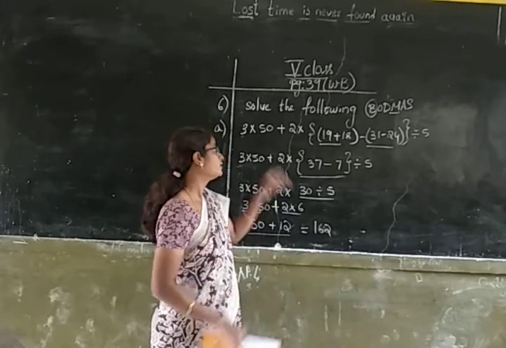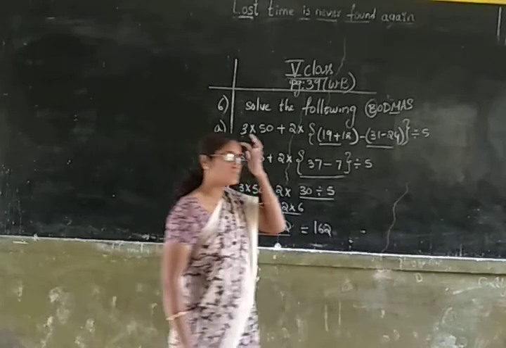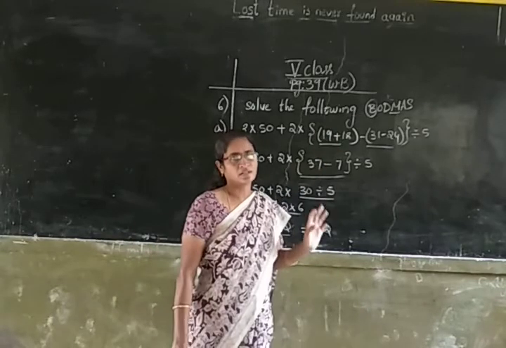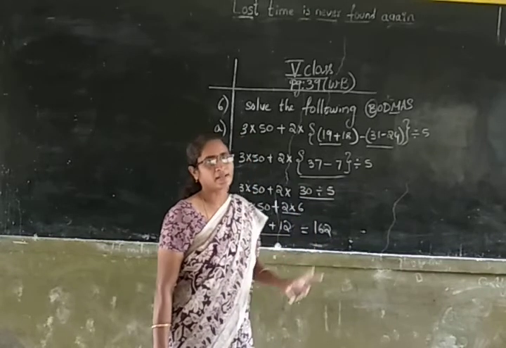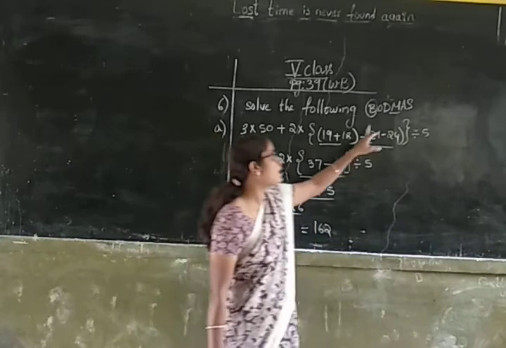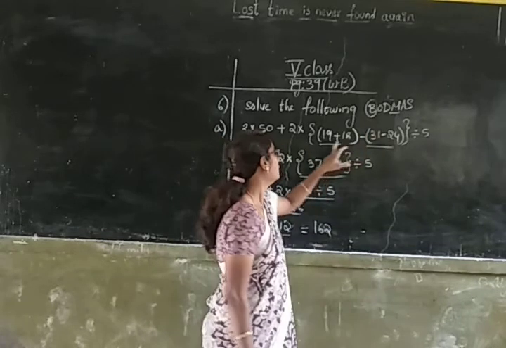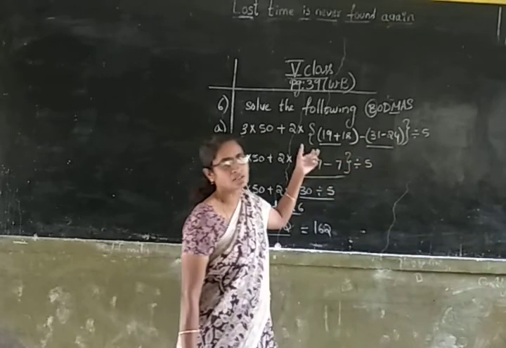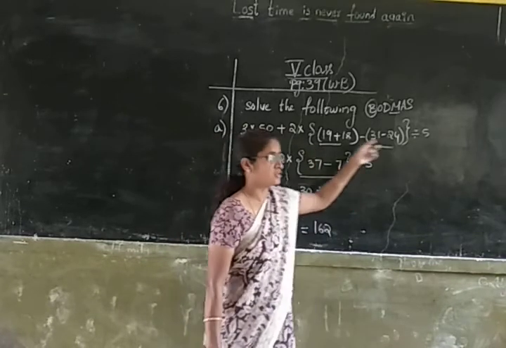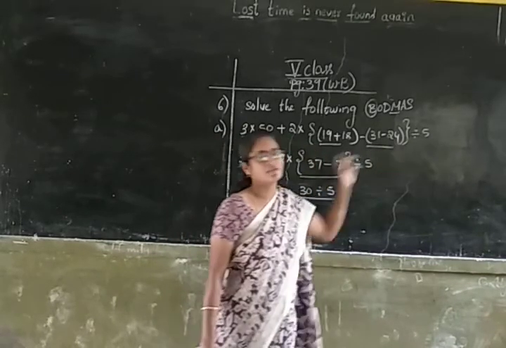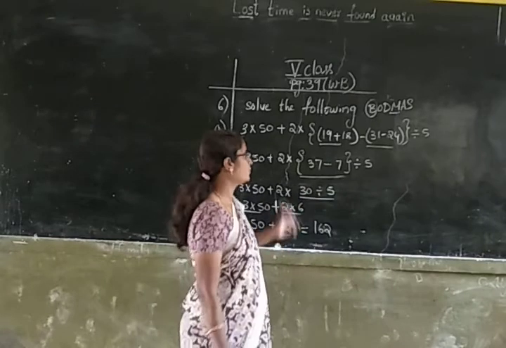Okay children, did you understand? First we have to solve the terms in the bracket. There are three types of brackets: round bracket, curl bracket and square bracket. First we have to solve the terms in the round bracket. Then we have to solve the terms in the flower bracket. After that we have to solve the terms in the square bracket.